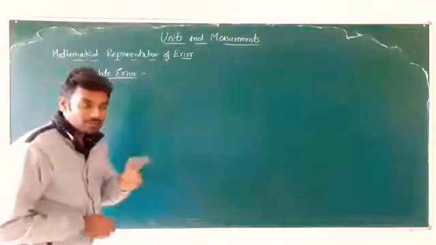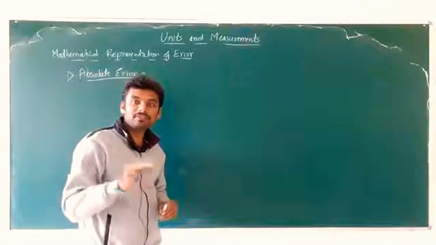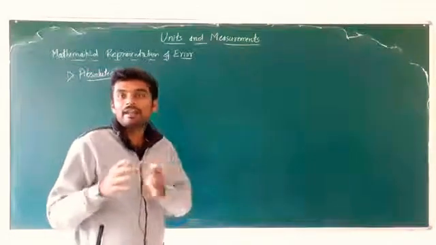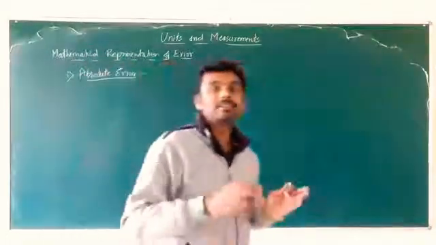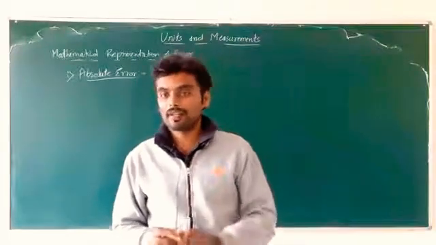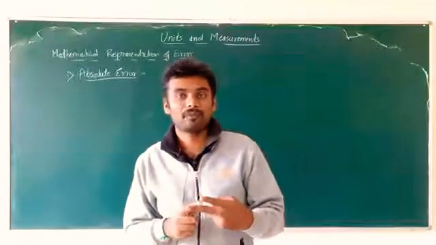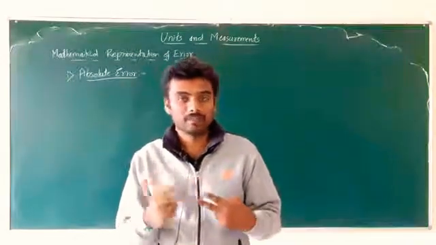What is the value of the error here? The value of the error is the difference between the true value and the measured value, isn't it? But not only the difference, it's the magnitude of the difference. Why the magnitude of difference particularly? See, if the reading is 98 gram for a 100 gram standard value, then the error is 2 gram.